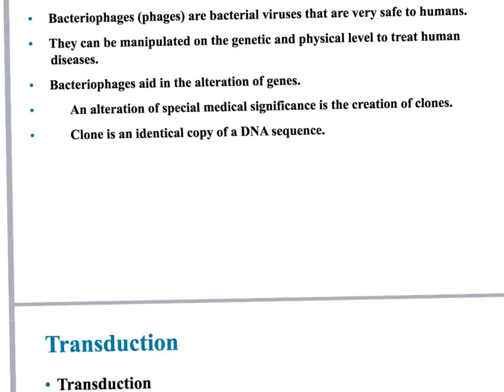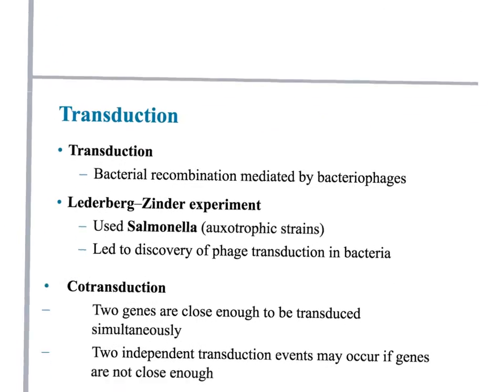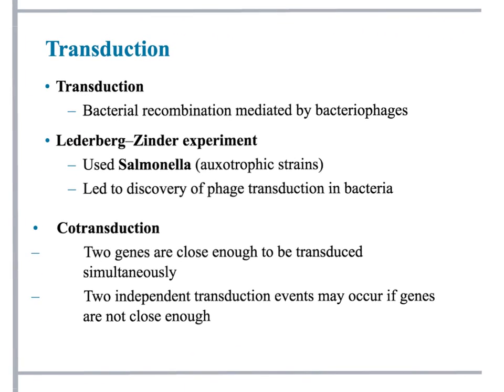So here's transduction. Transduction is bacterial recombination mediated by bacteriophages. The bacteriophages played a large role in the last section, and they play a big role here too. The Lederberg and Zinder experiment used Salmonella mutant strains, and it led to the discovery of phage transduction in bacteria.